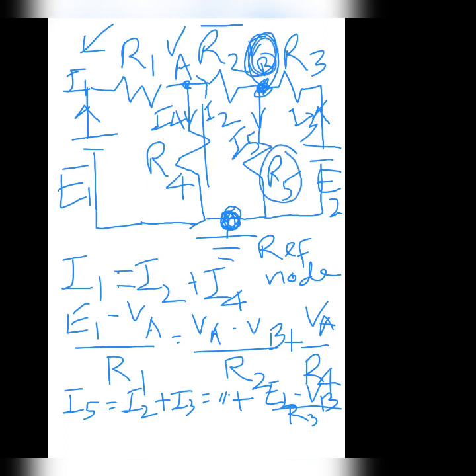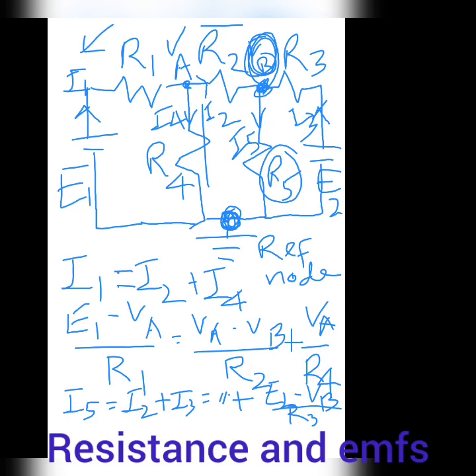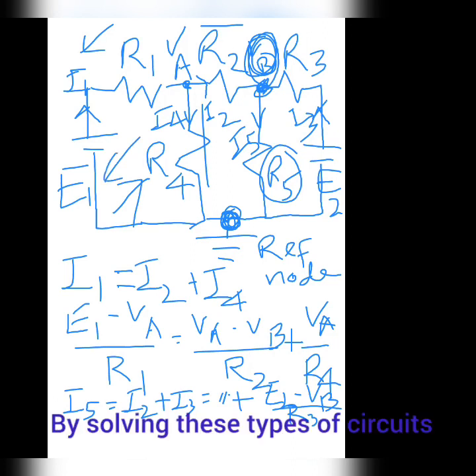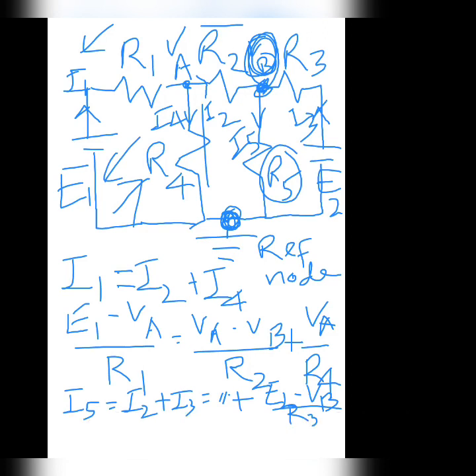Okay. So we are having 4 equations, 2 KCL based and 2 potential difference based. So few of the parameters like resistances and EMFs may be known values, and some of the currents may be unknown values. So to solve these types of circuits, we can adopt this method.